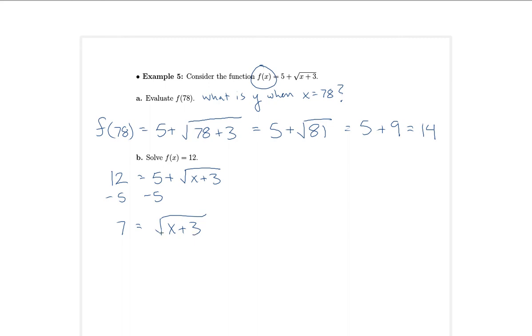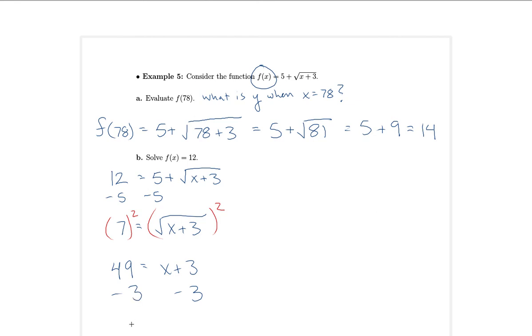So let's think about what's the opposite of square rooting. Well, it would be squaring. So what I can do to this equation is square both sides. So I get 49 on the left. And then when you square a square root, they just zap each other. So you get x plus 3.